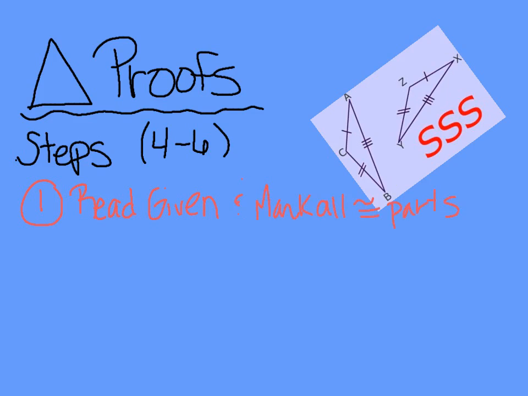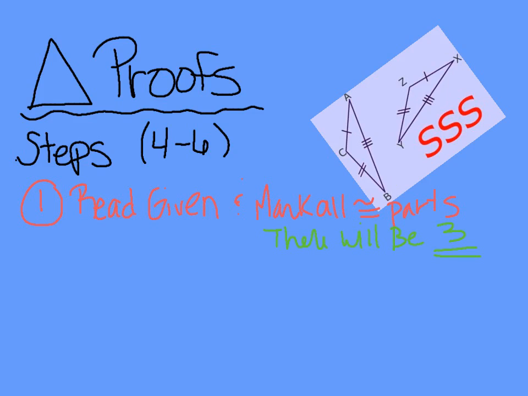Now in a triangle, how many congruent parts can you have? Like how many are the ones that we showed in our shortcuts? There's always going to be 3. So when you mark all congruent parts, there's going to be 3. Okay, so always have that in mind.